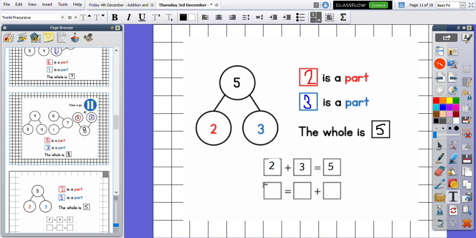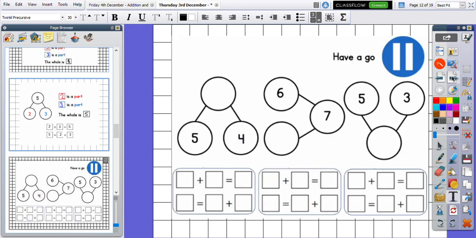So my whole number is going to go into this box, which is 5, and then my parts are going to go into this part here, 2 add 3, or you can do it the other way around, it's completely up to you. There we go. Brilliant.